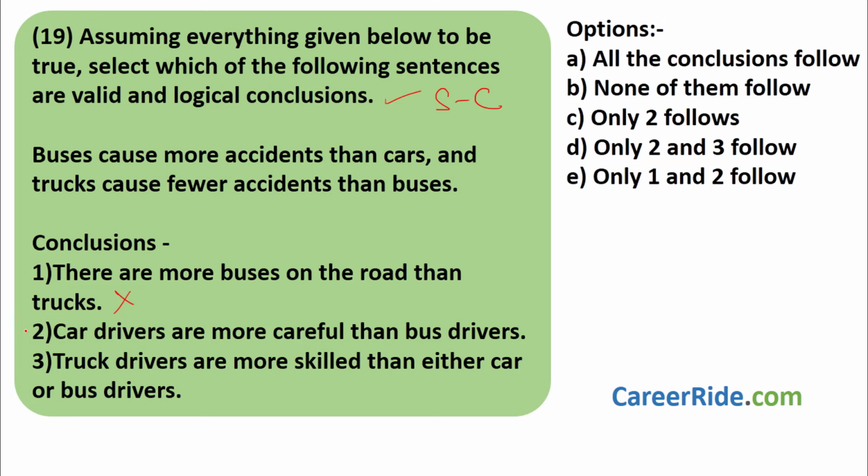Yes, this you can say because cars have fewer accidents than buses. Next, truck drivers are more skilled than either car or bus drivers. Now, here trucks cause fewer accidents than buses. That means truck drivers might be more skilled than bus drivers. But comparing them with cars is not useful because comparison of truck and car accidents is not given. So only 2 follows. Moving on.